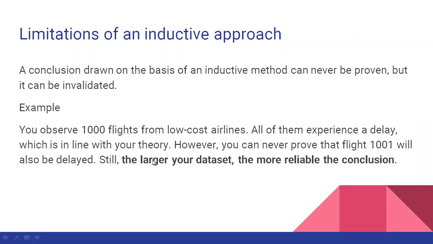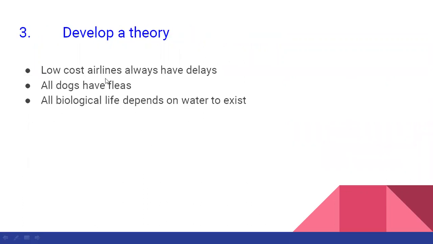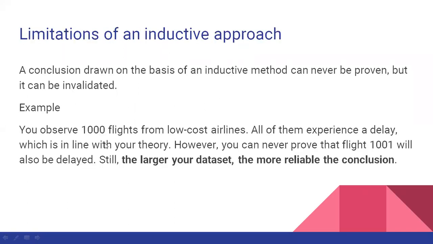So that theory that all low-cost airlines always have delays, that is okay because from 1,000 flights, you have observed that thing. But what happens if the 1,001st flight is not delayed? You cannot prove that, right? So there is a suggestion when you are performing an inductive approach or inductive research that you take your data set larger.